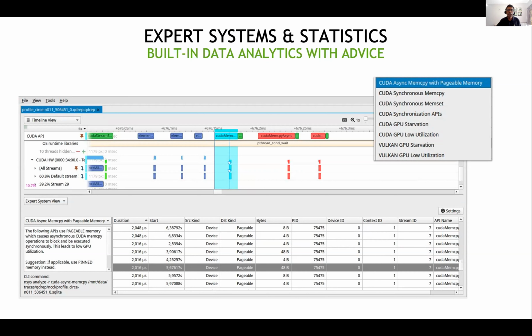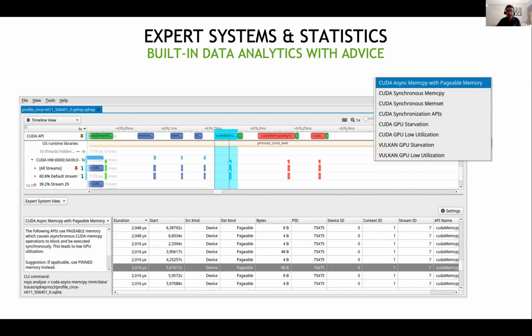When you select that, here I've shown an example where you have asynchronous memory transfers happening, but in this case, they are actually running in a synchronous fashion because you are using paged memory.